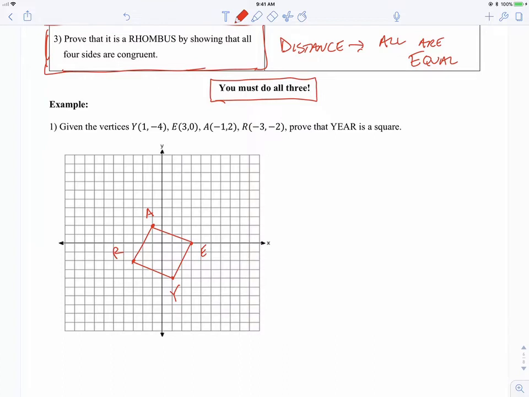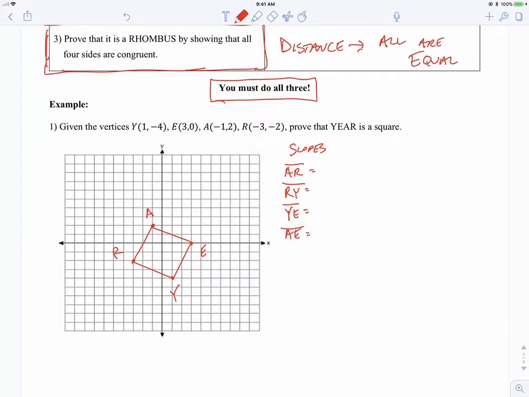So let's start with the slopes. We need to do the slopes of AR, RY, YE, and AE.